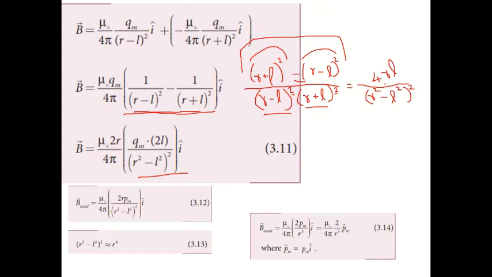Okay, instead of writing 4rl in this step they have written 2l into 2r for some simplification purpose. That's all. I hope you understand. Okay, this is how it came. Remaining things we will see in the next class.